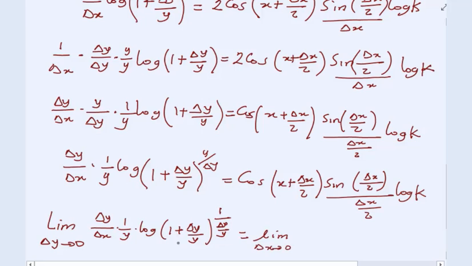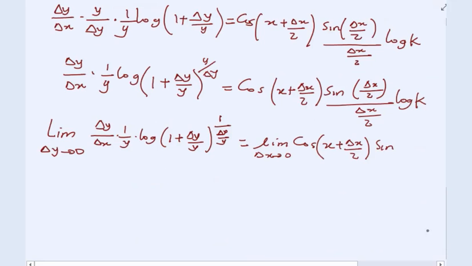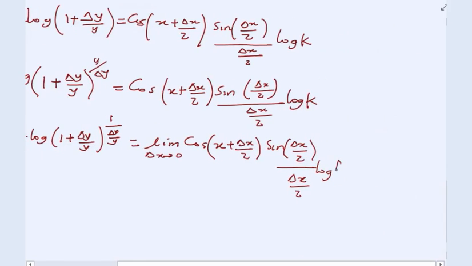So on the left hand side I take the limit as delta y goes to 0, then on the right I take the limit as delta s goes to 0, of cos of s plus delta s over 2, then sine of delta s over 2, all over delta s over 2, then log k. That's what I will have.